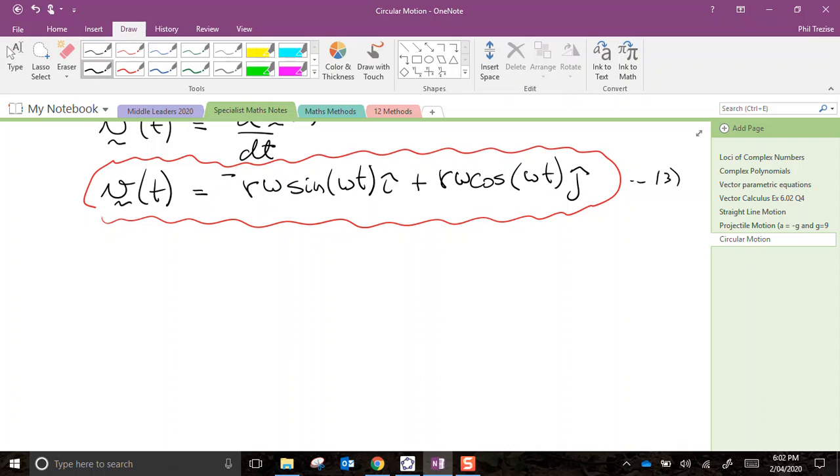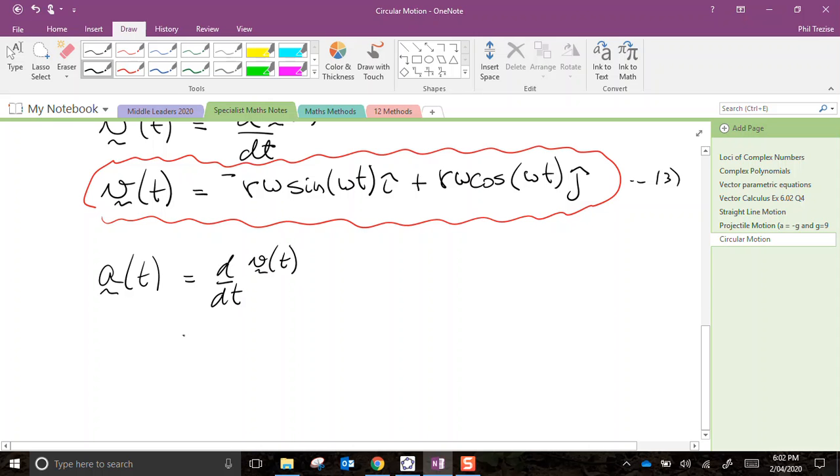Now, the main focus of this one is we want to know about the acceleration of the particle. And it is the time derivative of velocity. So let's do this. Derivative of sine omega t is cosine omega t.